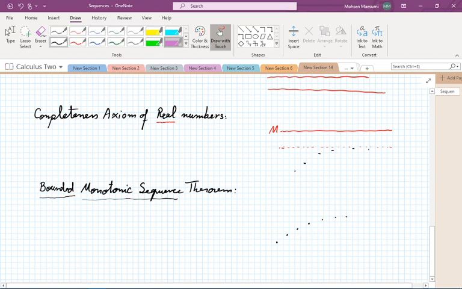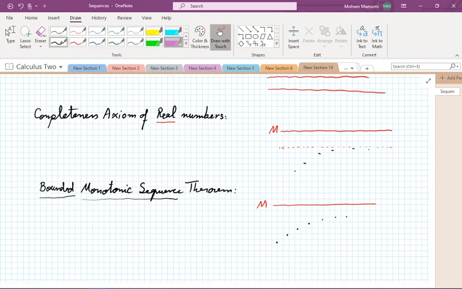So bounded means both bounded above and bounded below. So we are saying that there is a number where this is larger than all the elements of your sequence. What this theorem says is that the sequence is going to converge to a number, and that number is going to be less than or equal to this.